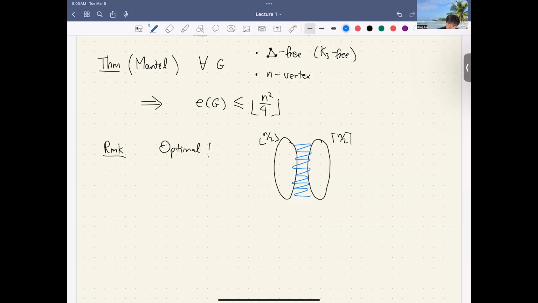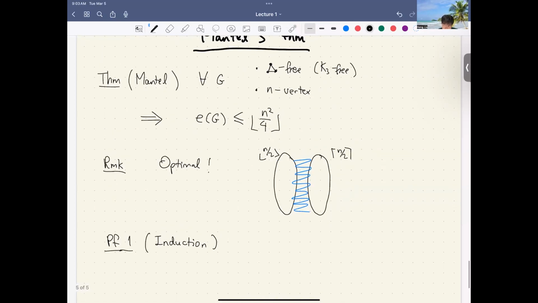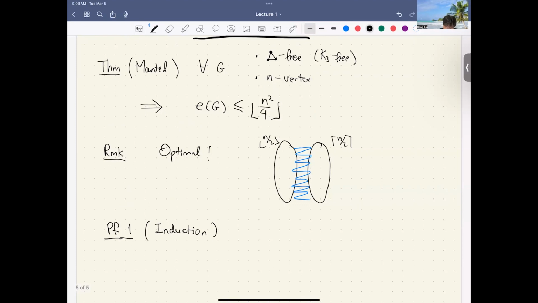So the first proof, by induction, induction on the number of vertices n.